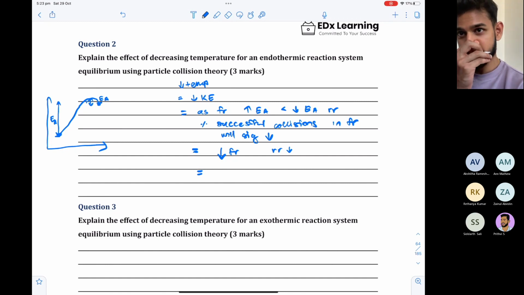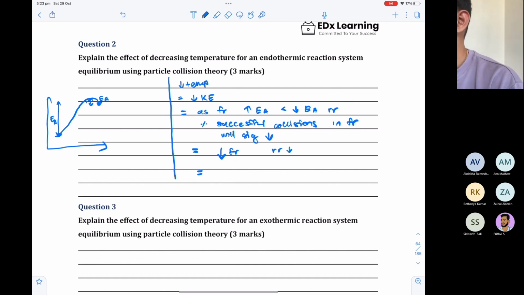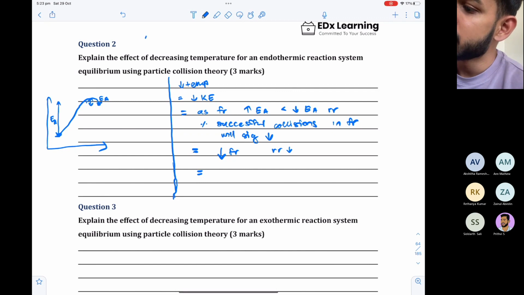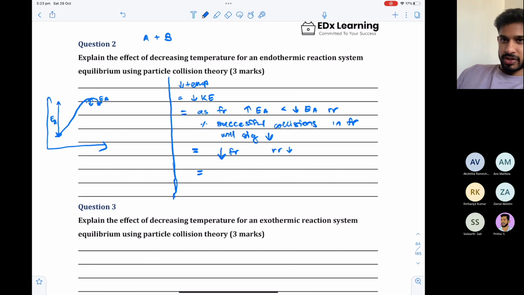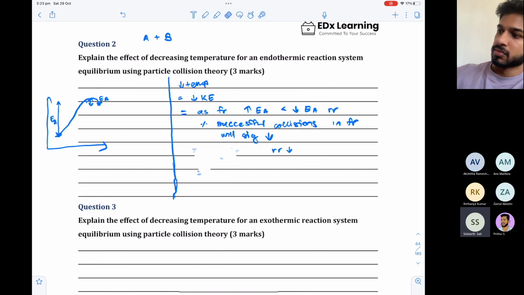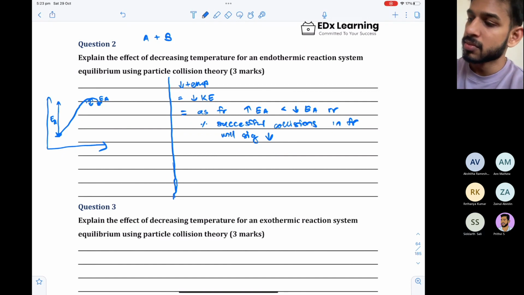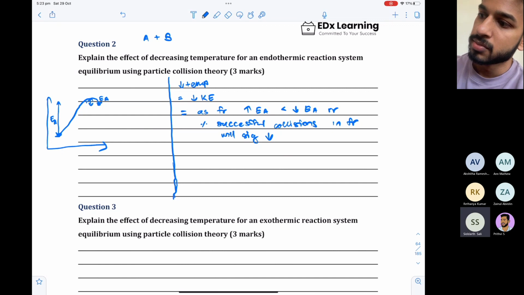What's our final answer? Let's try breaking it down according to LCP. So if you're stuck, just break it down according to LCP. Let's say we have A plus B. It's an endothermic reaction. So Sid, which direction does heat go? Heat is on the left.